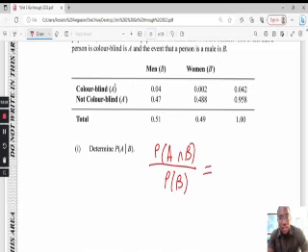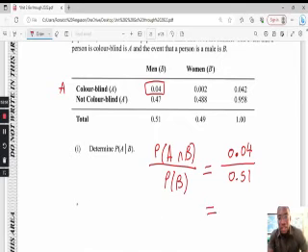So look at where A and B intersect. This is A, this is B, they intersect right here. So the probability of A intersect B is 0.04, divided by the probability of B, 0.51.